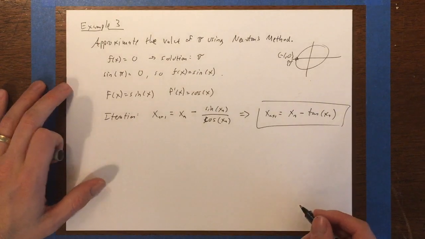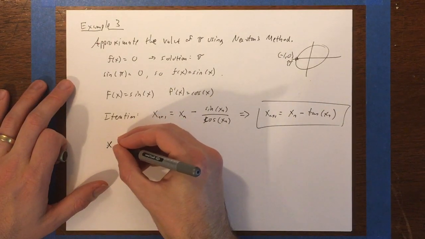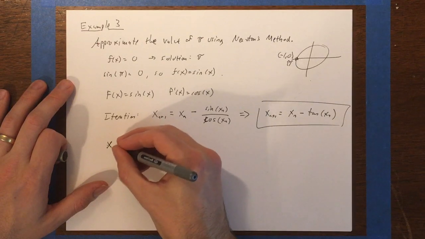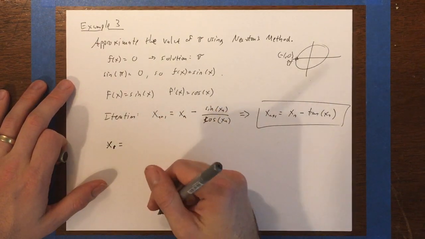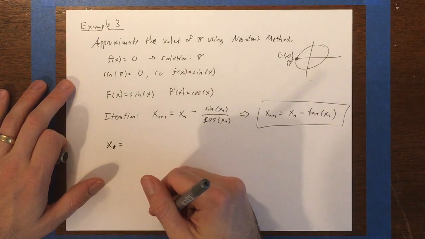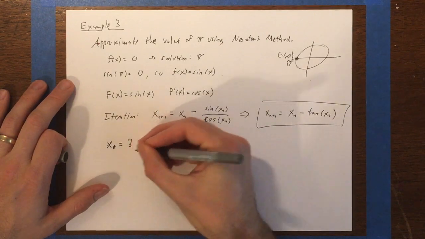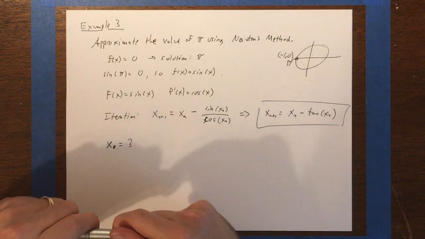So that's our iteration formula. Now, as an initial guess, we're going to do what they used to do in, I can't remember what state it is. I don't want to offend anybody, but I want to say it's like Pennsylvania or something, where they used to have a law on the books that said that pi is equal to 3. That's right, folks, pi is just equal to 3.